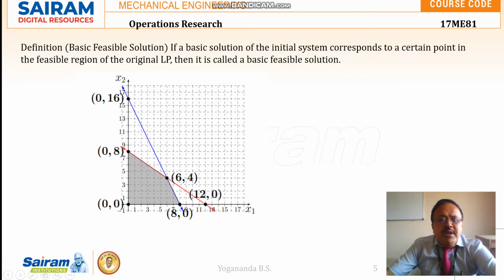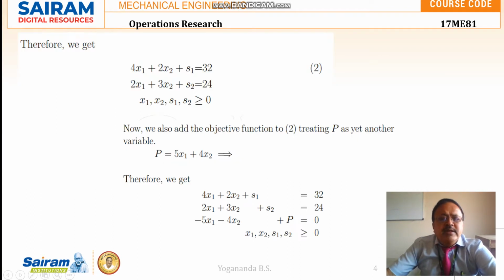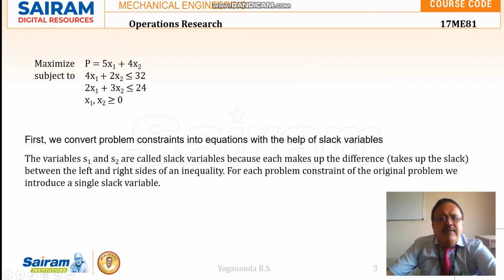Similarly, substituting x1 and x2 with the other points, we will get 3 more values of P. Take the maximum one because the objective function is to be maximized. This is finding the solution to the given problem using the graphical method.